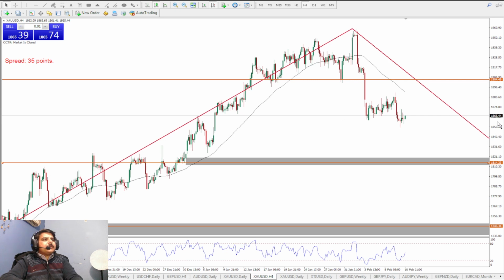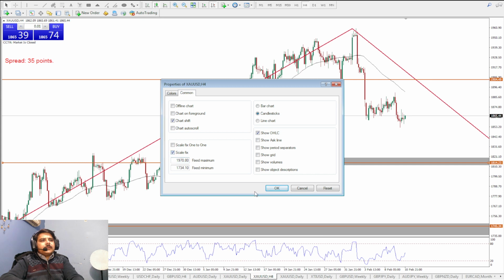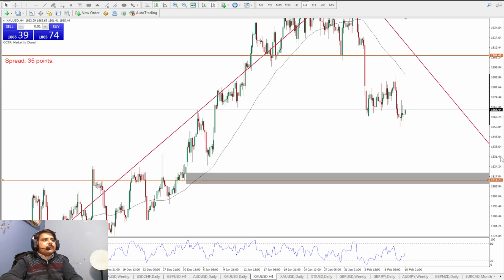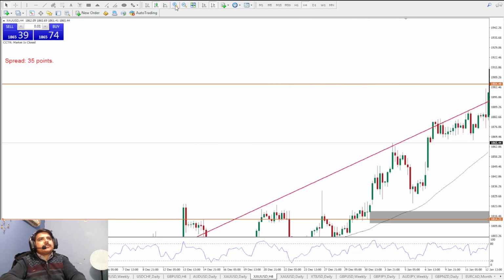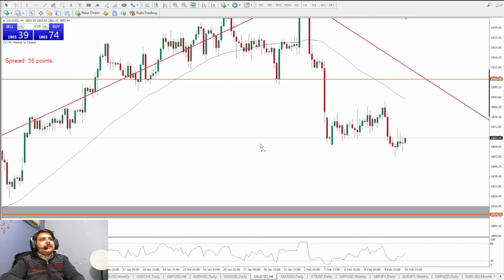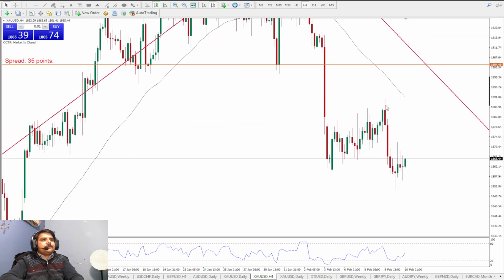Now, let me explain this broken structure, because in order to understand the whole story, one must understand the structures. So this is now the structure, okay?